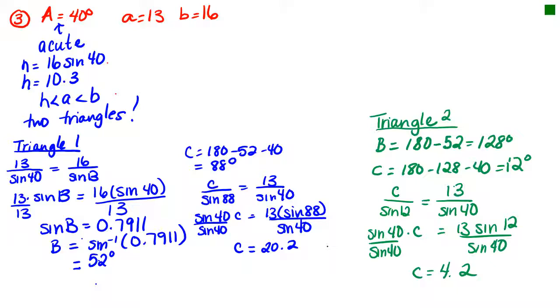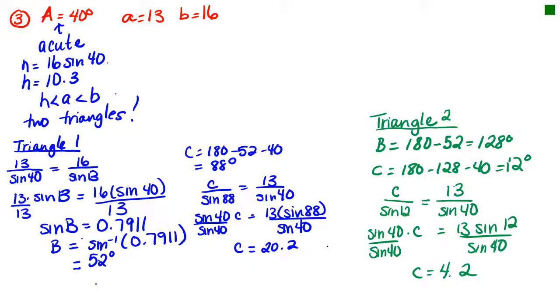So triangle 1, if your angle A is acute, you get H is less than A and less than B, then you can have a case of two triangles, where first we would talk about B being acute. We would just use the law of sines to find angle B, and you see it can be 52 degrees, but it also could be opened up to the obtuse.